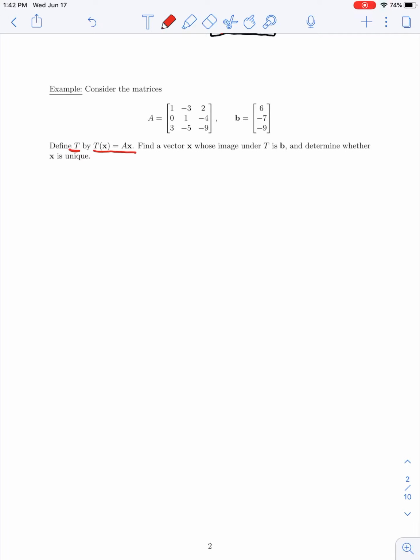We are supposed to find a vector x whose image under the transformation T is equal to b, and determine whether that vector x is unique or whether there's more than one vector which would have an image of b. So we are trying to find the values of the vector x such that T of x, which is defined as A times x, is equal to the given vector b.